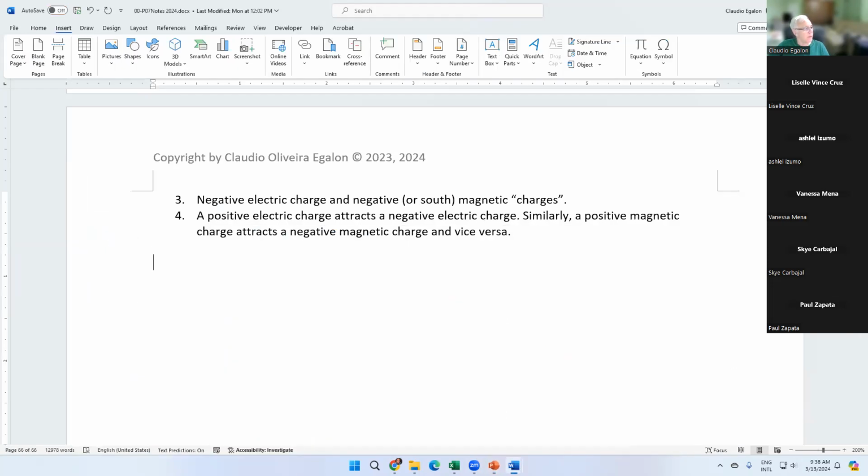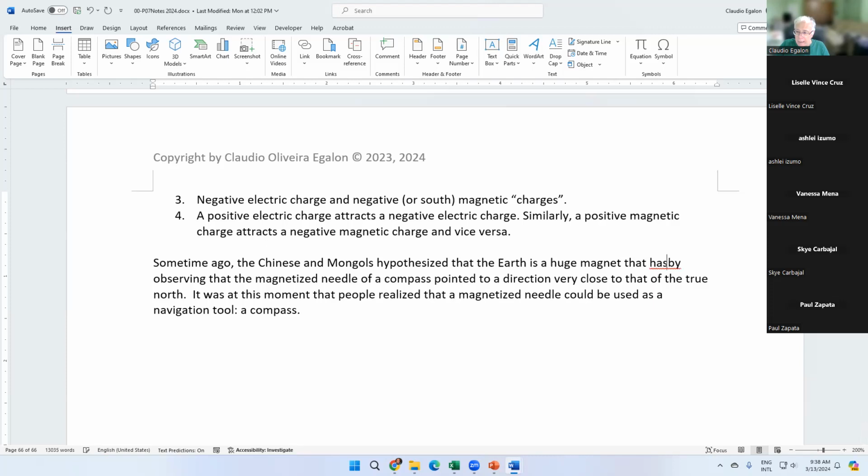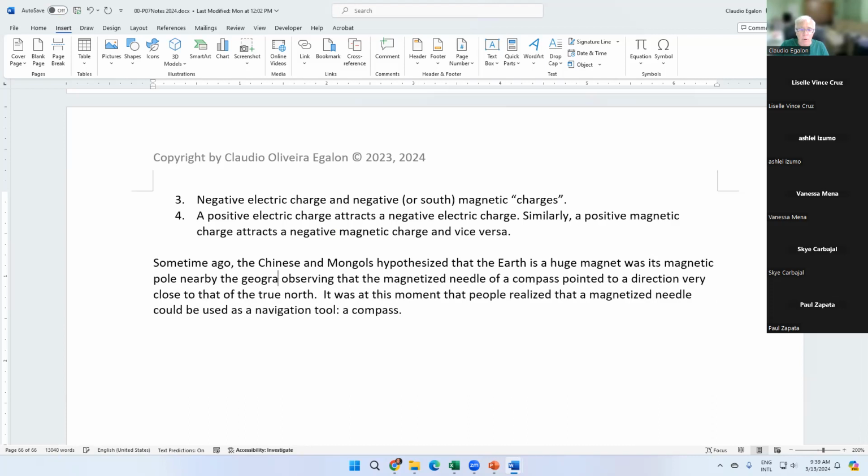Some time ago, the Chinese and the Mongols hypothesized that there is a huge magnet with its magnetic pole nearby the geographic pole.